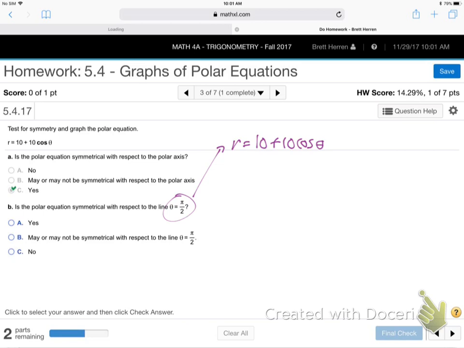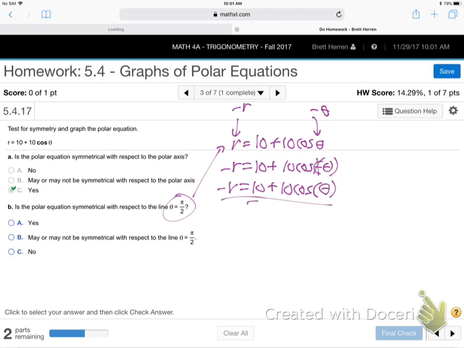Both. So you put in negative r, you put in negative theta. So negative r is 10 plus 10 cosine negative theta. And as we know, when we simplify, the negative just vanishes for cosine.